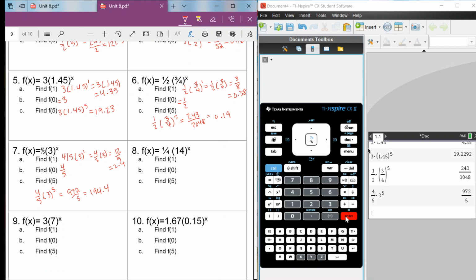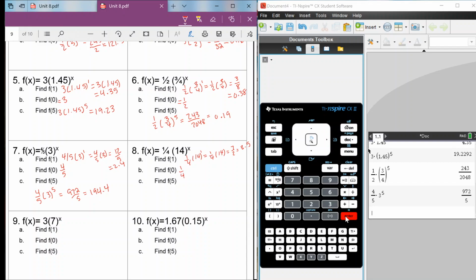So this is what you should have got for f of 1. So this is 1/4 times 14 to the 1st power, which is equal to 1/4 times 14, which is equal to 7 over 2. And in decimal form, that is 3.5. And then if we plug in 0 in for x, remember we get our y-intercept, and our y-intercept is 1 over 4.